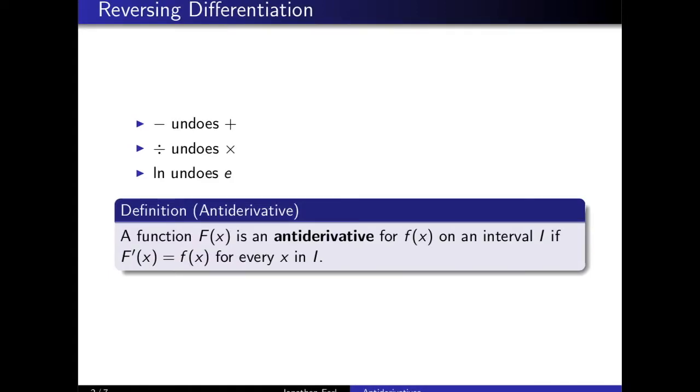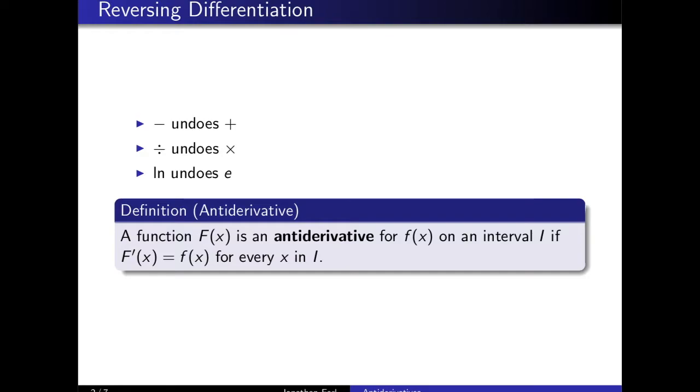So what we'll say is that some function capital F is an antiderivative for little f of x on some interval I if the derivative of capital F is little f for every x in I. Now, there is one very important adjective in this definition, and it's this "an." So why is it "an" instead of "the"?